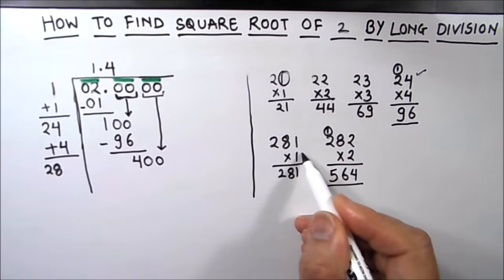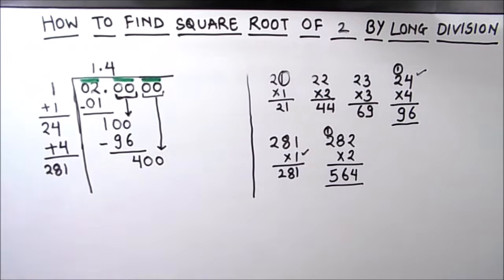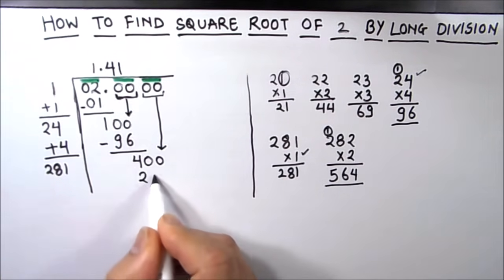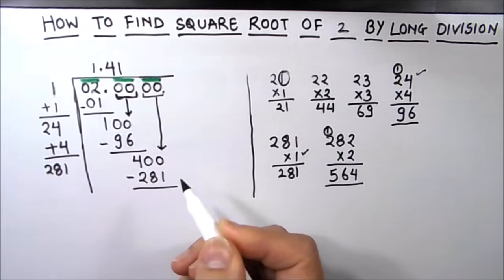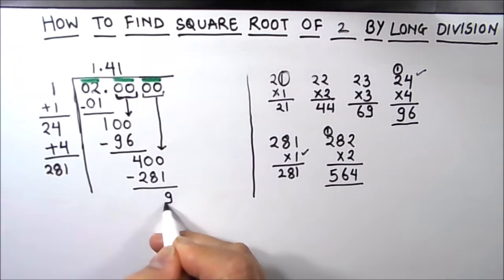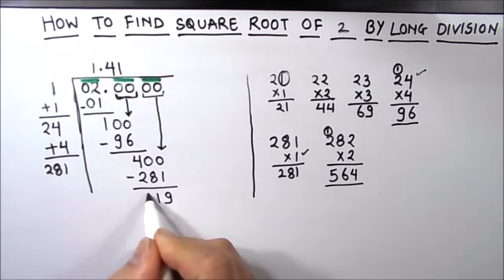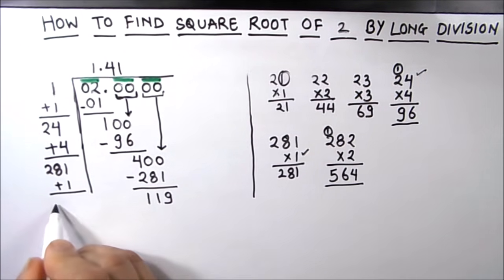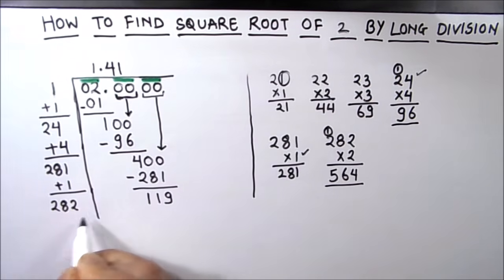So we are going to take 1 as our units digit in the divisor. So this is 281 times 1, which is equal to 281. Now we'll subtract the two numbers. So this is 9, this becomes 1, and this is 119.